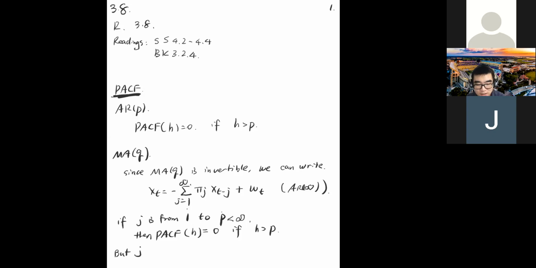So, but j now goes to infinity. We are having this AR infinity representation. Okay. So that means no cutoff of the PACF for the MA(q) model.